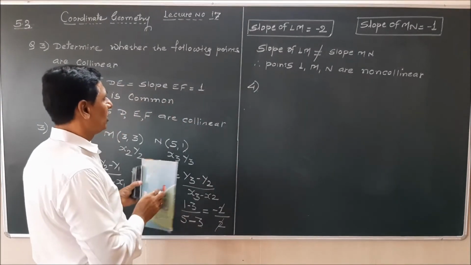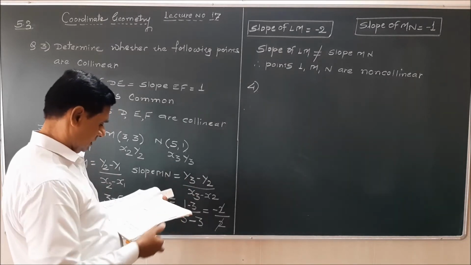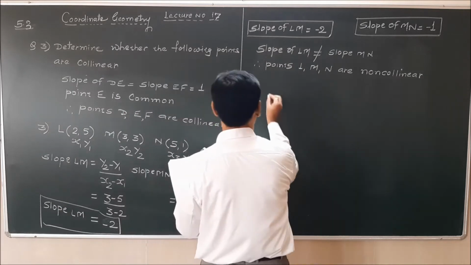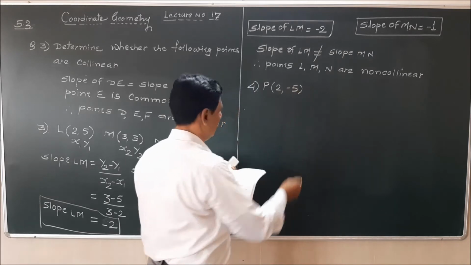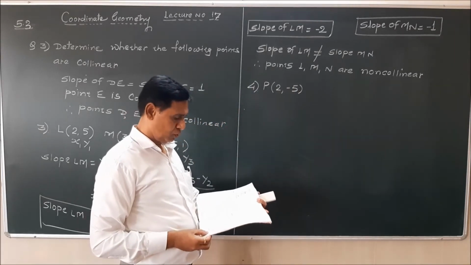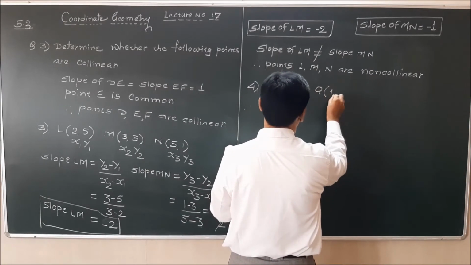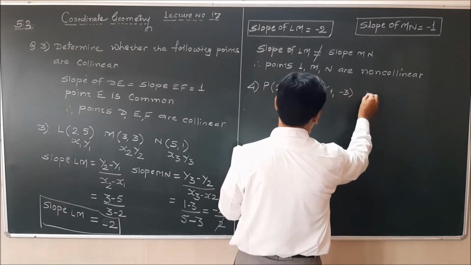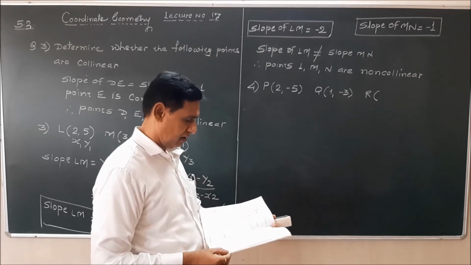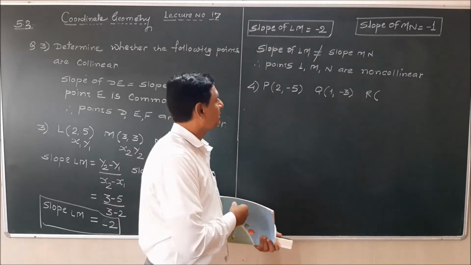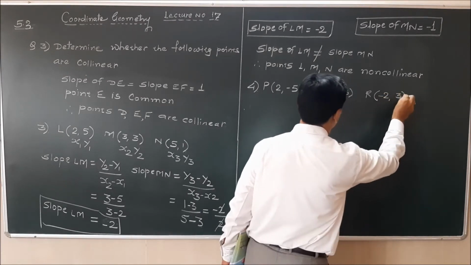Now, the next one is the fourth one. In the fourth one, the points given are P(2, minus 5), the next point is Q(1, minus 3), and the coordinates of R are (minus 2, 3).